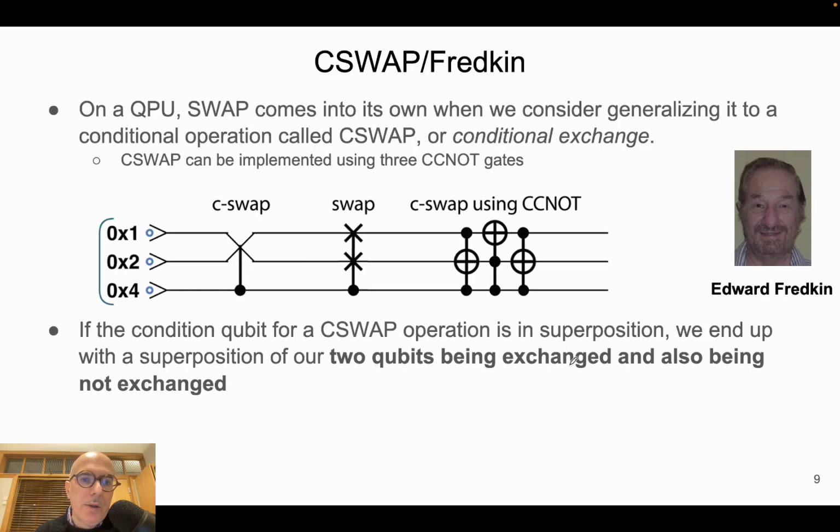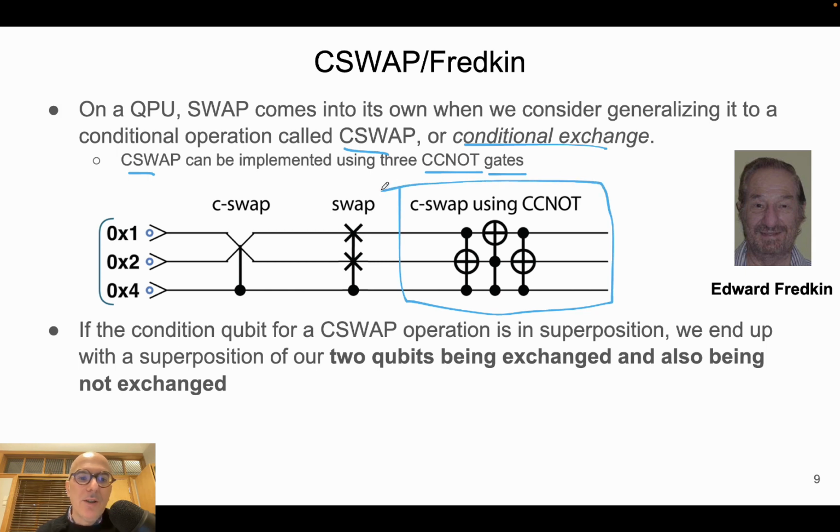On a QPU, the swap comes into its own when we generalize it to a conditional operation called CSWAP, or conditional exchange, or conditional swap. It's not a surprise that a CSWAP can also be implemented using 3 CCNOT gates or Toffoli gates. You see here the equivalent circuit.